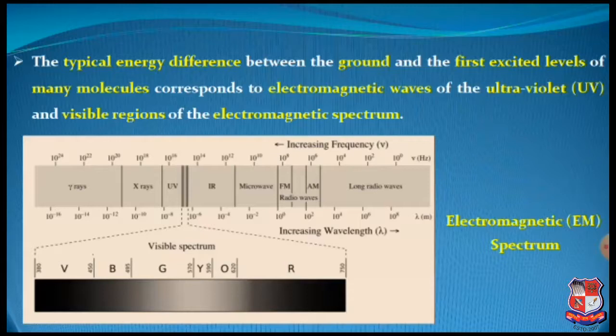After that, according to increasing wavelength, after the visible region there will be the IR spectrum, that is infrared, then microwave, then radio waves. Radio waves have two major segments, FM, that is frequency modulation radio waves, and AM, amplitude modulation radio waves, and beyond this wavelength we have long radio waves.